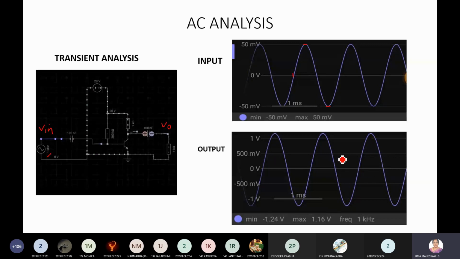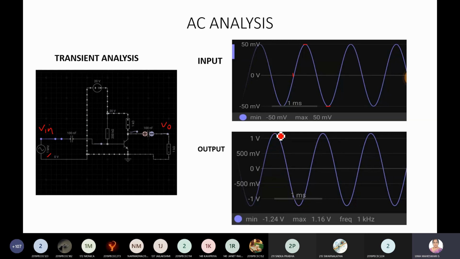Okay. Now, if you see the sinusoidal signal which is the output, it is ranging from minus 1.24 to 1.16. So what is the amplitude of the output signal? Amplitude means peak to peak. This height I am asking. This side is 1.24.